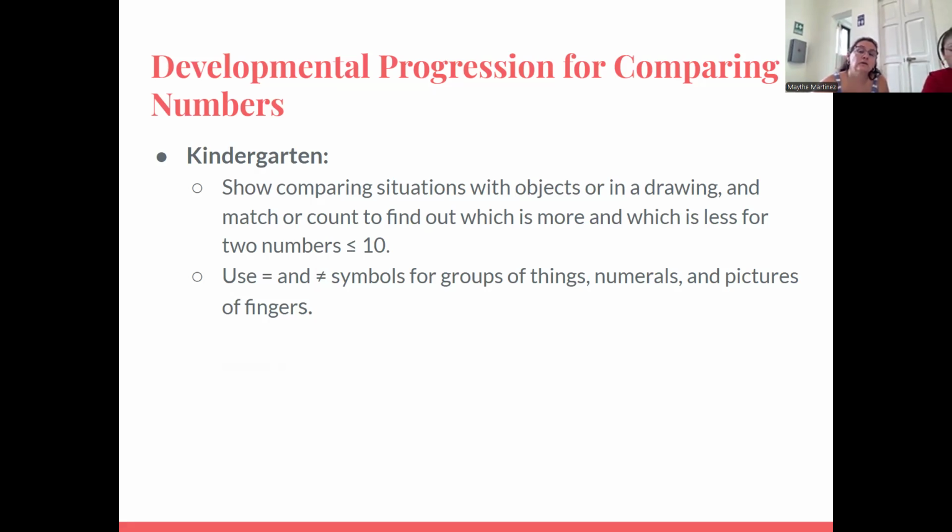But don't talk about those immediately. Instead, have those concrete experiences where you have the cards and ask them to compare and identify which one has more or less, and then move on to the pictorial representation when they draw the cards and compare the objects. The abstract idea comes after they have had enough discussion around more or less.